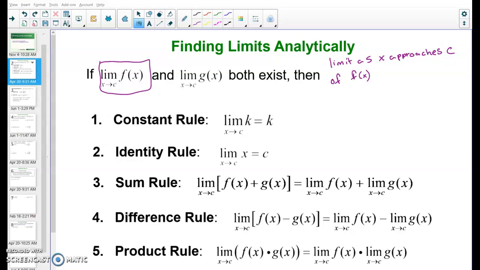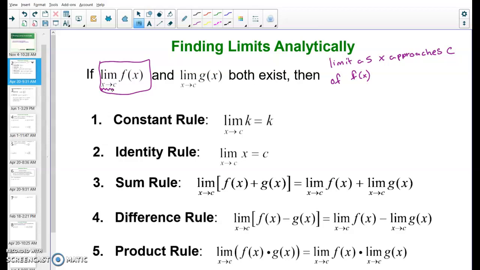So f of x is your function. Oftentimes we'll represent that with either a graph or an equation. Okay, and then as x approaches c, this little x with the arrow at the bottom tells you that we're plugging in a constant number. So a constant is just a regular number.